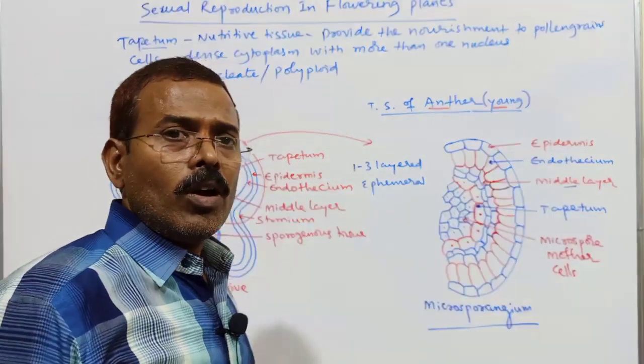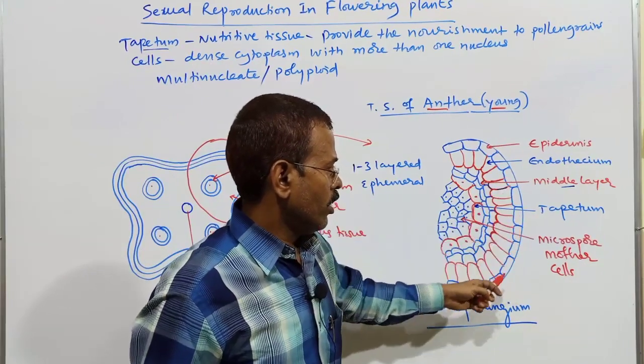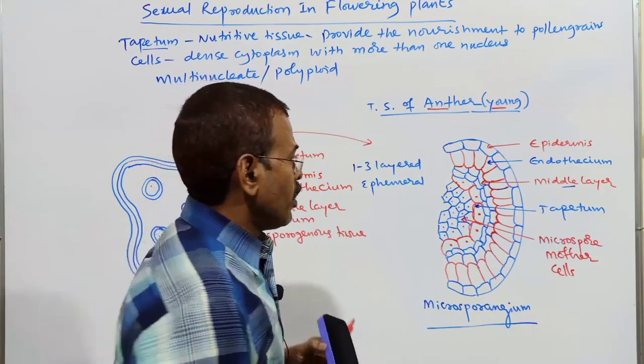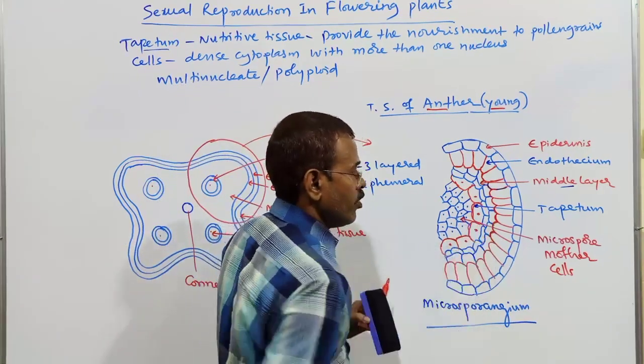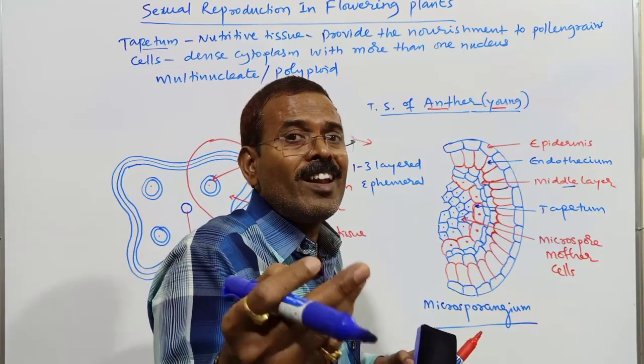Now, usually we see diploid cells here. In each layer we can see diploid structure. But the tapetum layer is multinucleated and polyploid in nature.